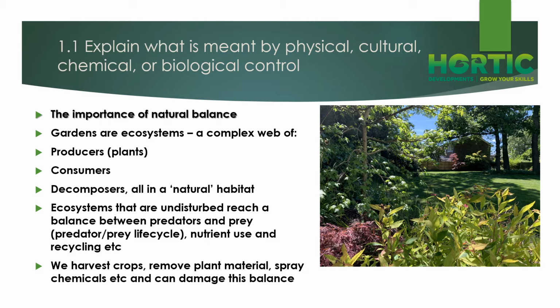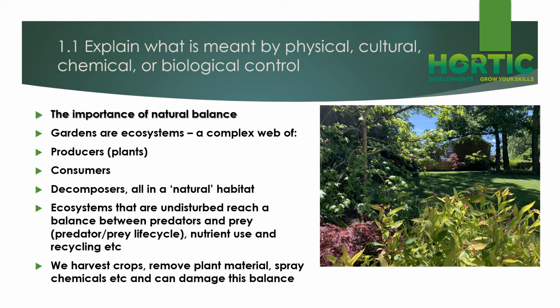So think of all the leaves and the debris that drops down to the floor. Cast your mind back to how organic matter is processed and the organisms that are carrying that out. So if we put all of these elements together into the average garden, the ecosystems that are undisturbed and are left to naturally evolve and do what they do on a daily basis reach a balance between the predators and the prey.